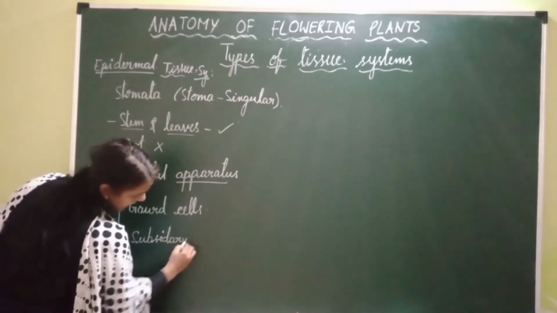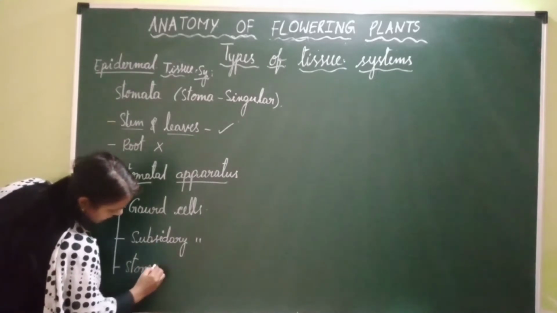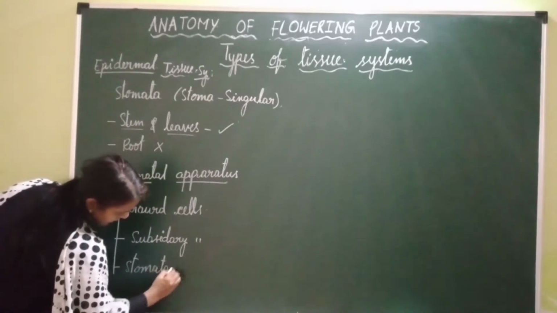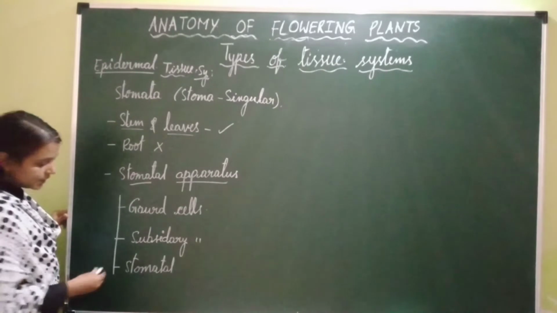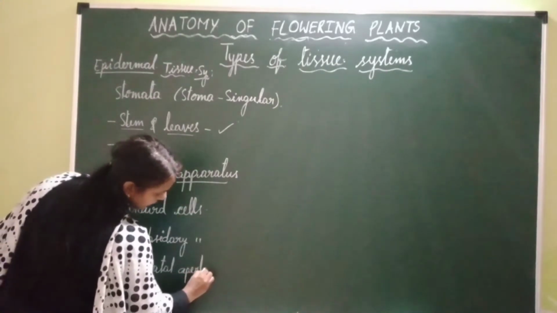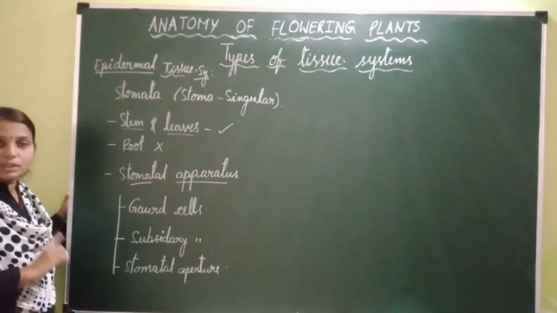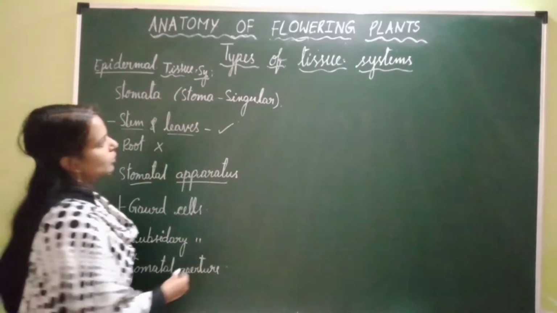So these three things together represent the stomatal apparatus, right? Okay, now let's study the structure of stoma in case of dicots and in case of monocots.